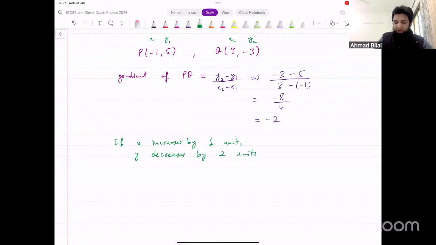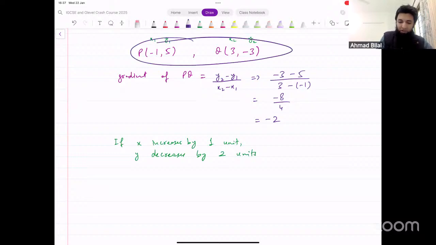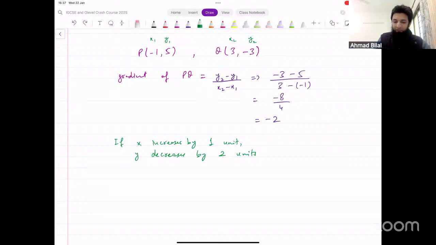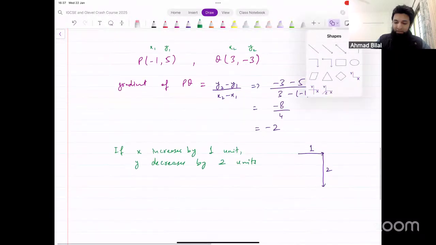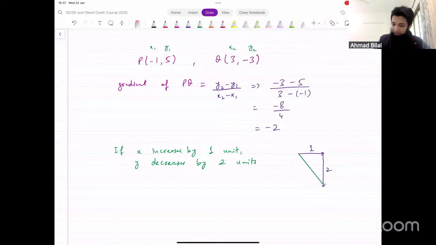So that is why the line joining these 2 points will be a downward sloping line. If you go 1 unit to the right, y is going 2 units down. That means this is the line that we actually have. The line looks like this, a downward sloping line. Okay, that's the interpretation of gradient.